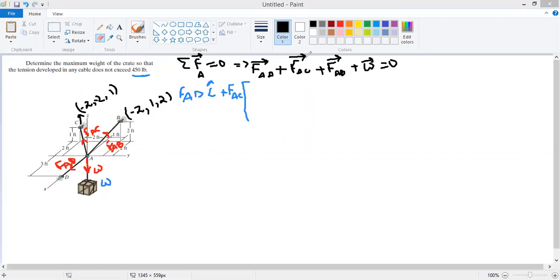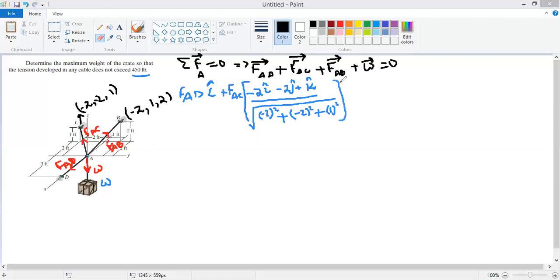So we can directly write that as -2 i cap, -2 j cap, plus k cap, divided by the square root of (-2) squared plus (-2) squared plus 1 squared. This is the unit vector.